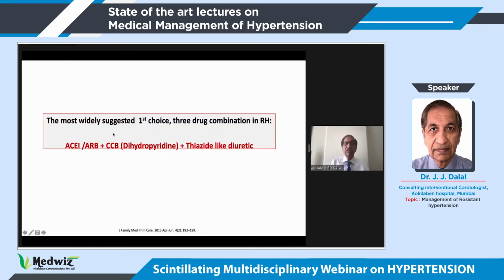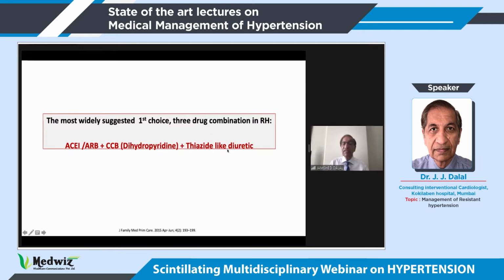Now, we all know that this is the most widely used combination of first choice. It's either an ACE inhibitor or an ARB, along with a dihydropyridine calcium channel blocker. And there are so many calcium channel blockers now, multiple new ones with other benefits in terms of L-type and T-type, benefits on the kidney, single dose. So I think all this needs to be taken into consideration as well.